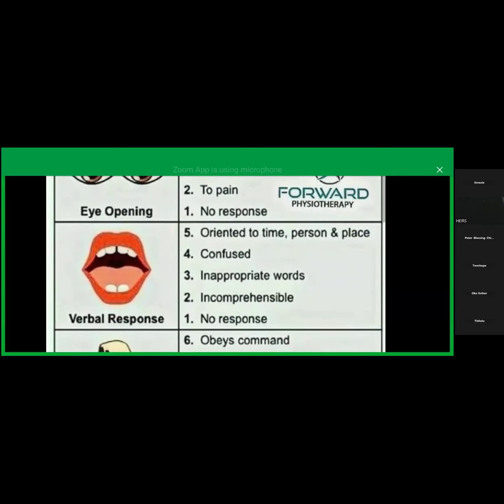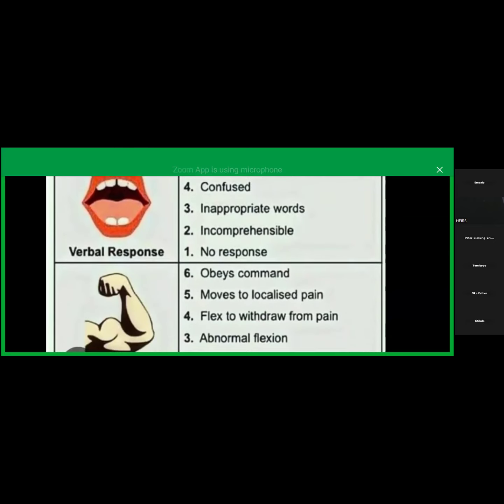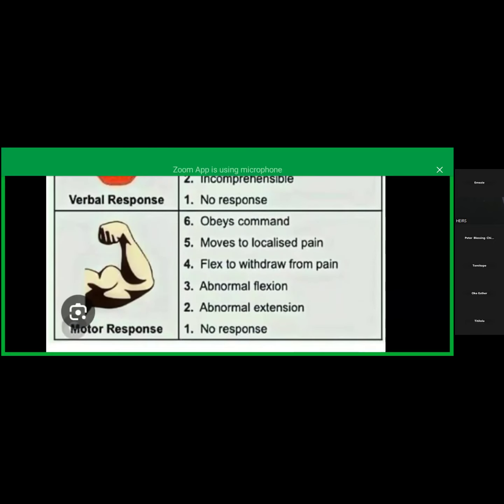For best verbal response, the maximum score you can get is 5. So it's rated 1, 2, 3, 4, 5. And for best motor response, the maximum score you can get is 6. So it's rated 1, 2, 3, 4, 5, and 6.